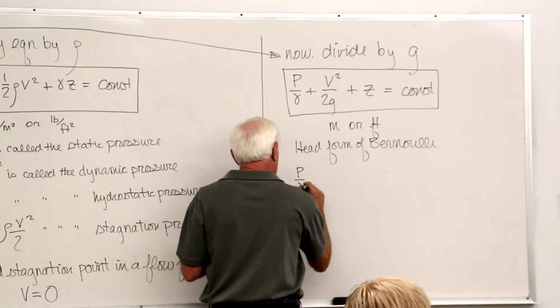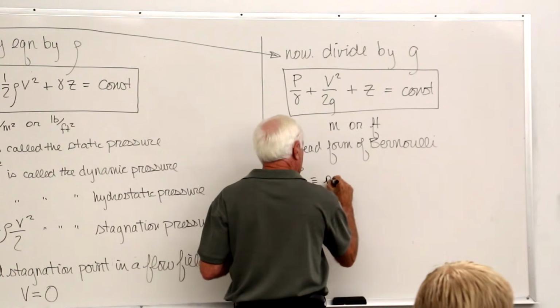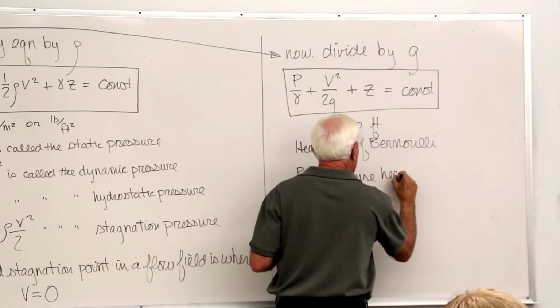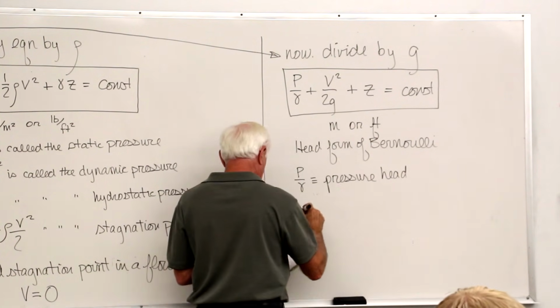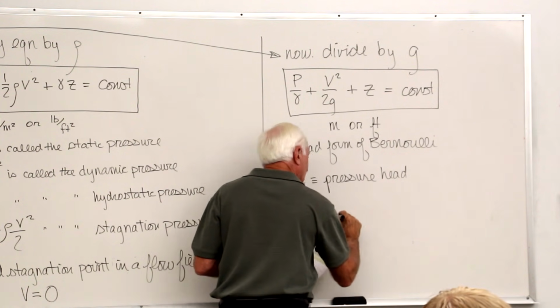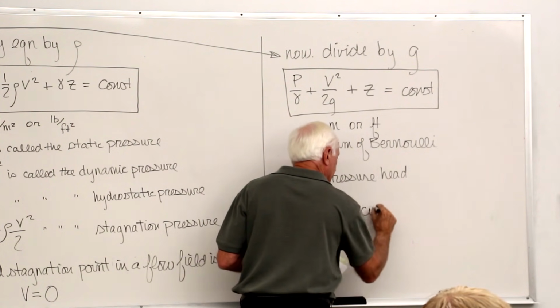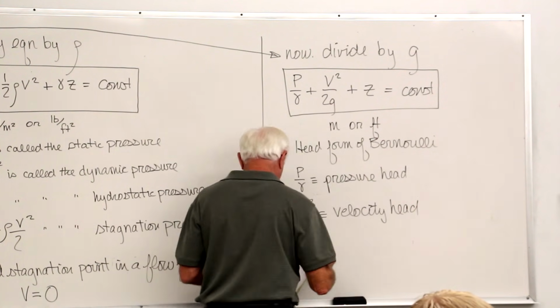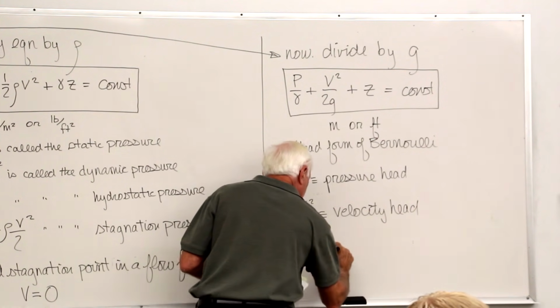P over gamma is the pressure head. V squared over 2g is the velocity head. Z is the elevation head.